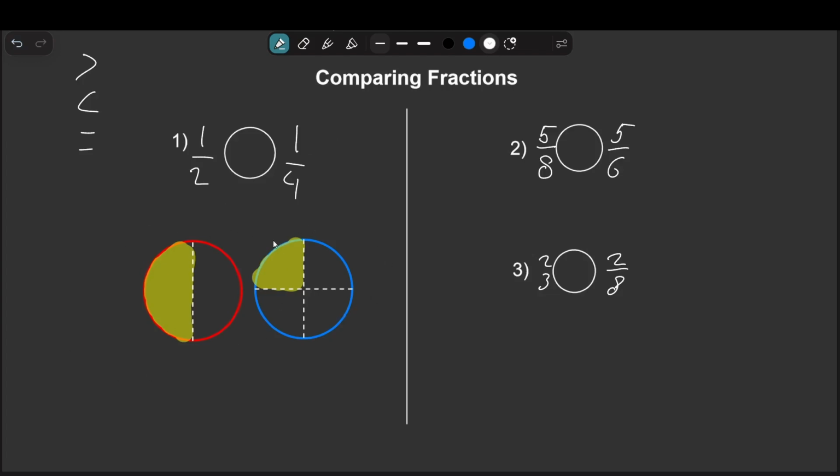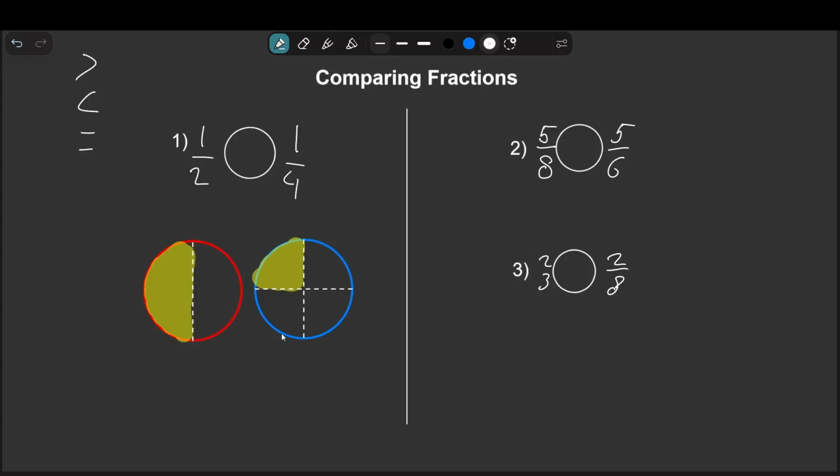I drew two circles here, each with a different part filled in, and we can look at them like cakes or cookies, so maybe you will understand it better. This is 1/2 because it is cut into two equal pieces, and the line goes straight through the middle.